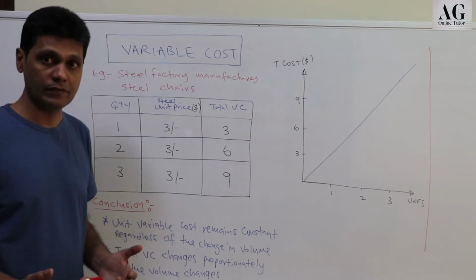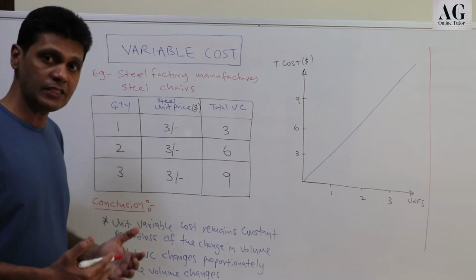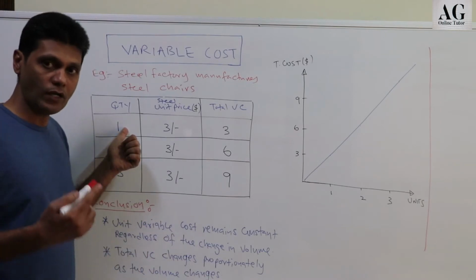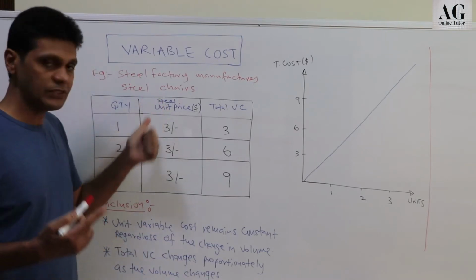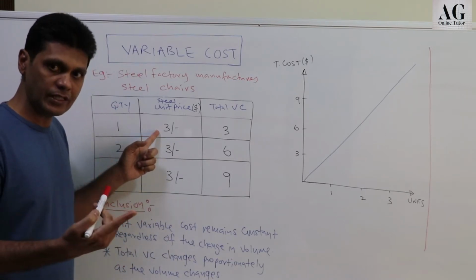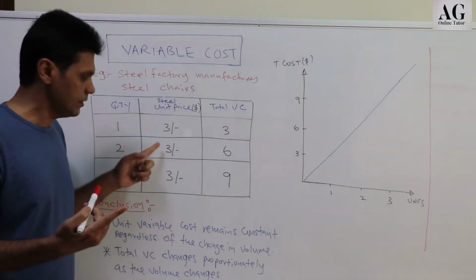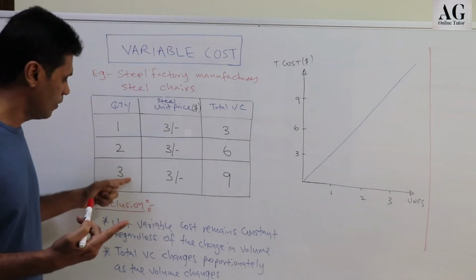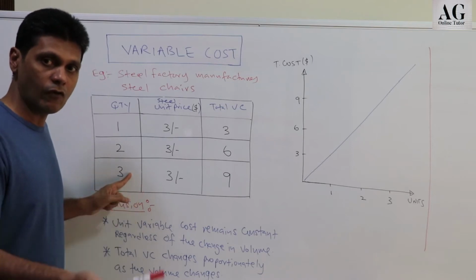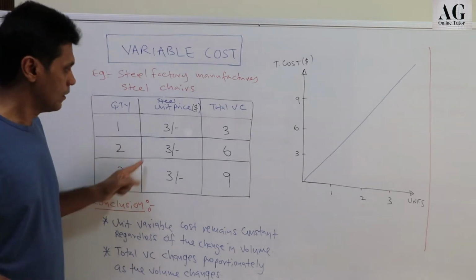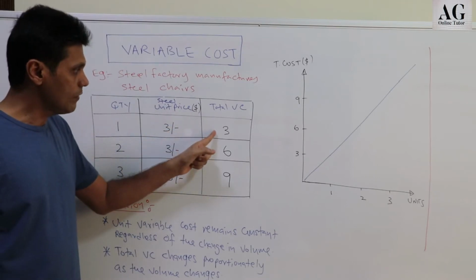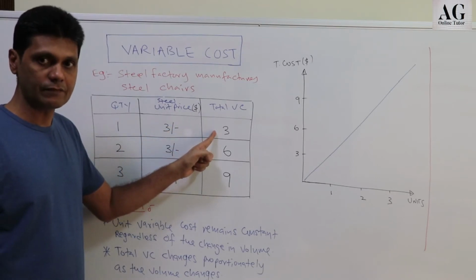As you can see from this cost structure, when you manufacture one unit, which means one steel chair, your unit cost per steel is going to be constant regardless of whether you increase the quantity or the volume of production. So when you produce one unit, your total variable cost will be $3.